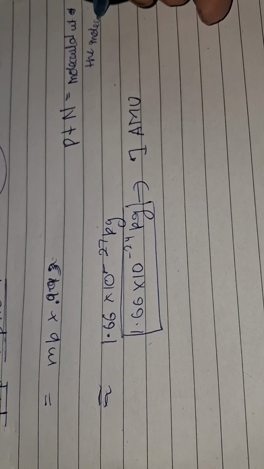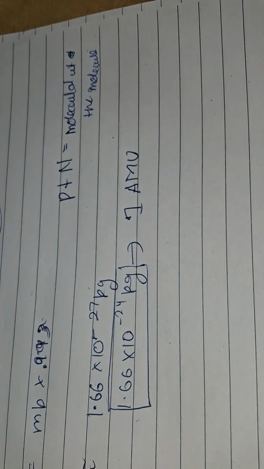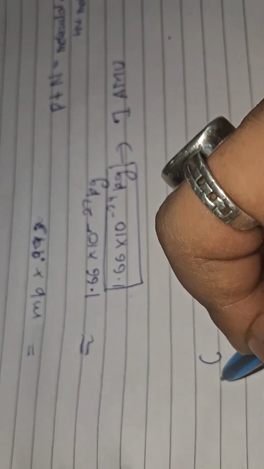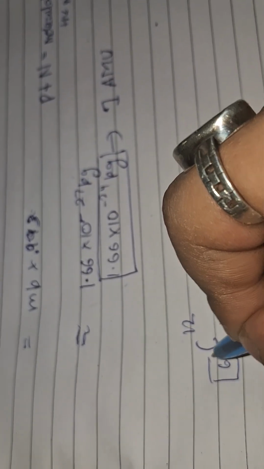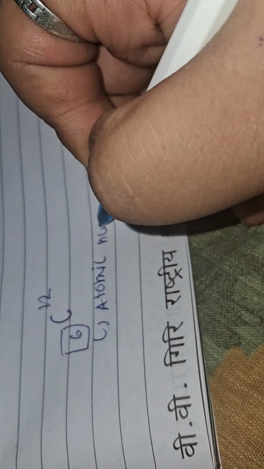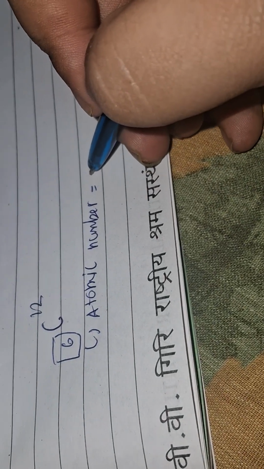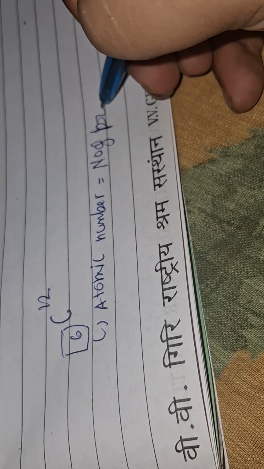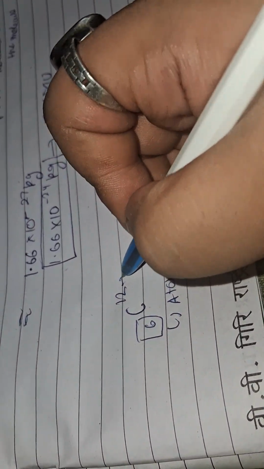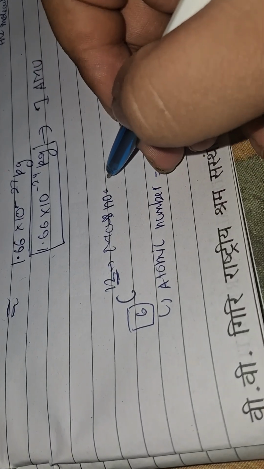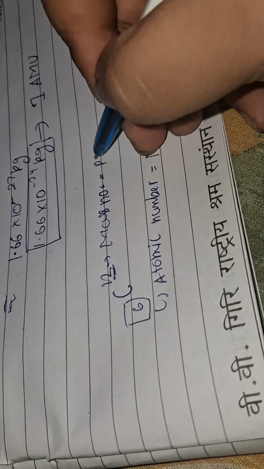A carbon atom is represented as C-12, where 6 is the atomic number, which is also equal to the number of protons, and 12, the mass number, is equal to protons plus neutrons.